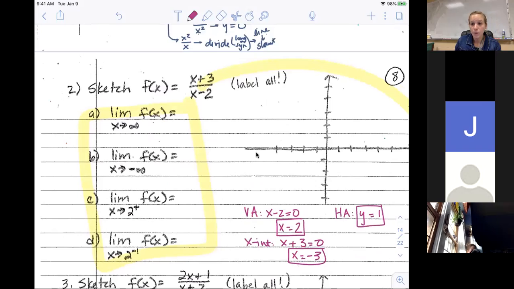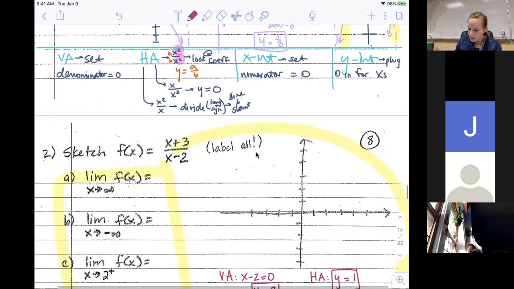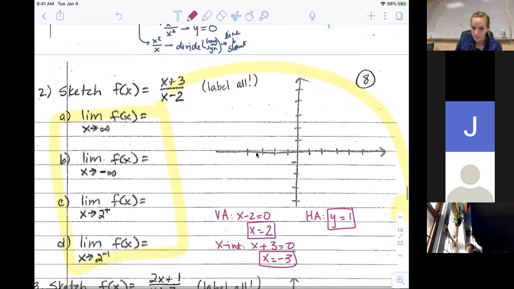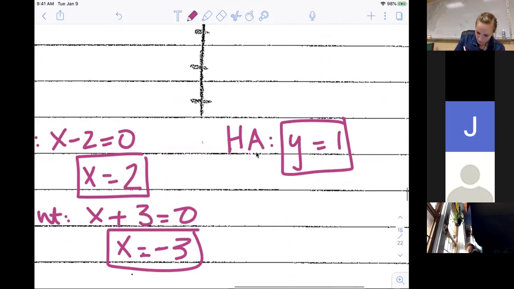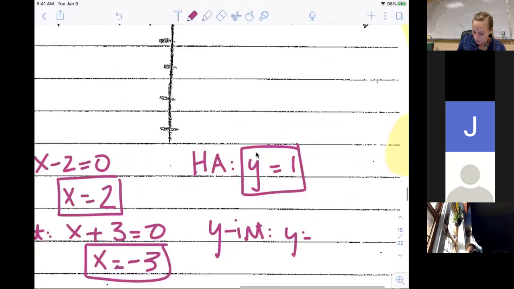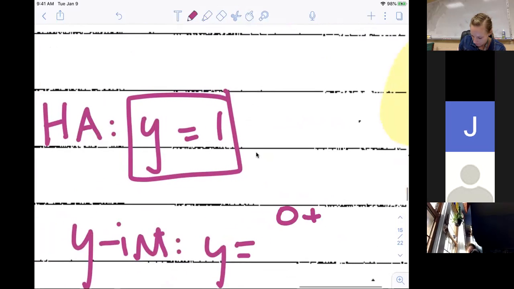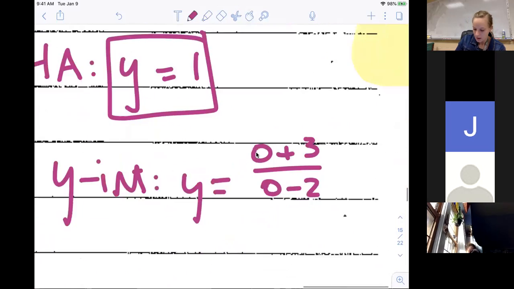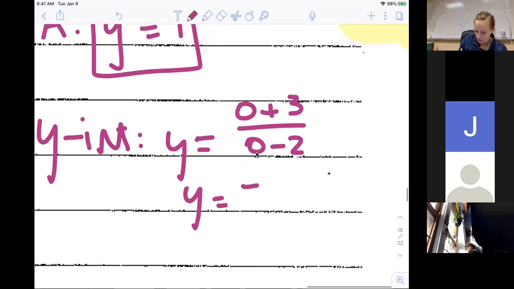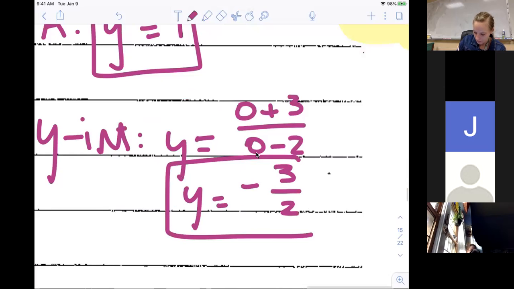And then last is my y-intercept, which is where we plug 0 in for all of the x's. So y-intercept is y equals 0 plus 3 over 0 minus 2. All right, the zeros go away and I'm just left with -3 over 2.